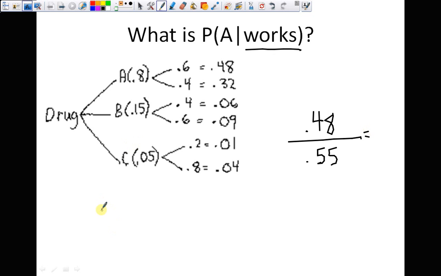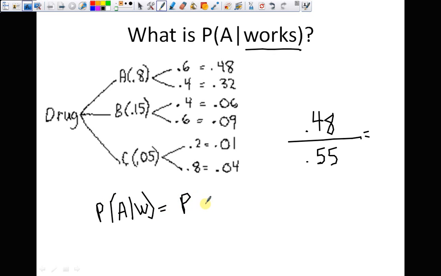Okay. And I'll also show this. The probability of A and works. These are all probability formulas. I'm just kind of showing you a couple of different ways.